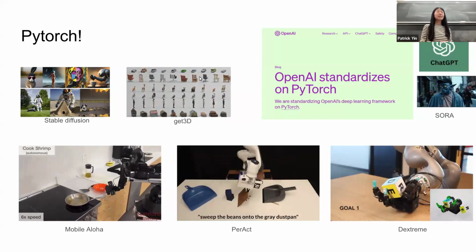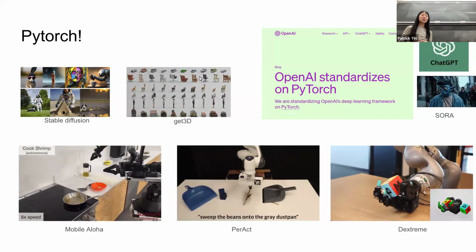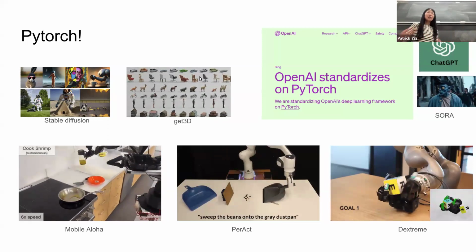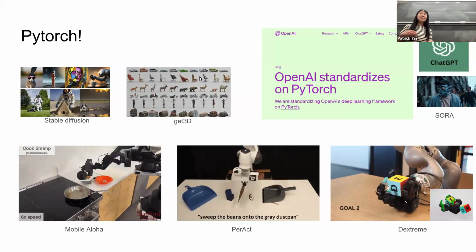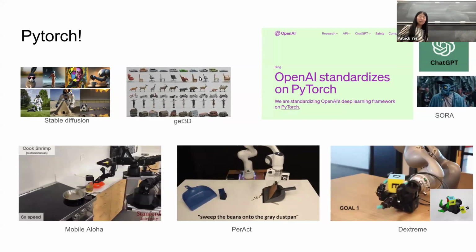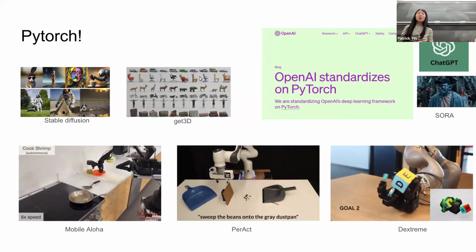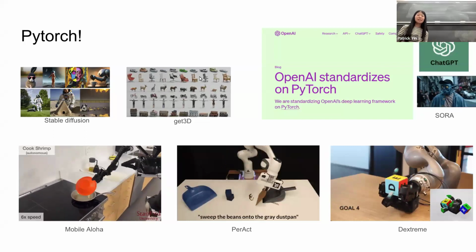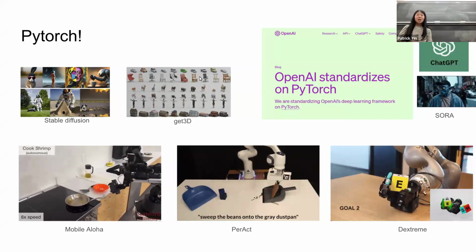Another work, Get3D, from NVIDIA about a year ago, tries to generate accurate object meshes from a randomly sampled latent vector. And even a few years ago, OpenAI had a blog post titled "OpenAI standardized on PyTorch", which indicates that ChatGPT is built on PyTorch, as well as the most recent text-to-video work, Sora.